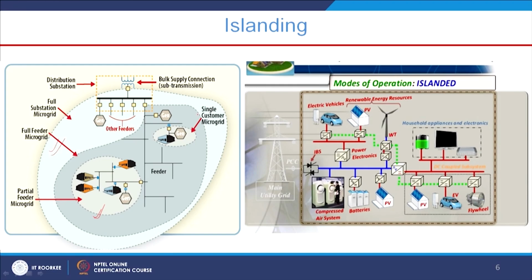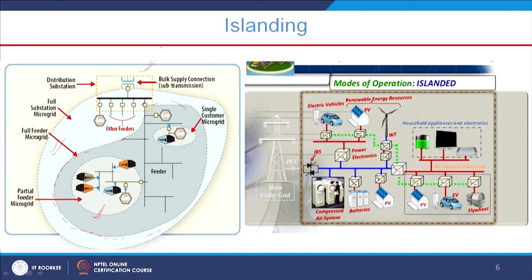Here, all the feeders inside the box are basically the full feeder microgrid system. Let us say due to certain reasons this particular breaker is open, that means the total full feeder microgrid is now isolated from the main grid, and this is our main grid. This is a bulk supply generation or substation, you can say.